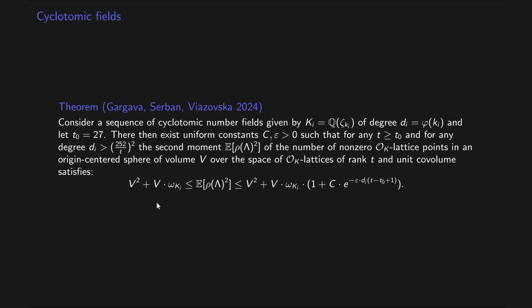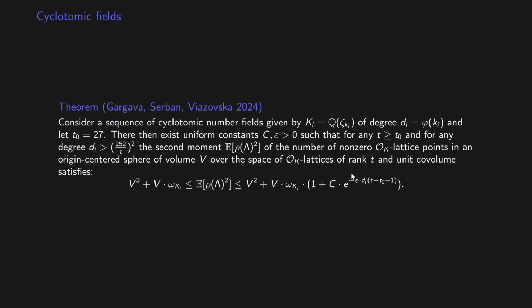So this is the second moment of the Poisson distribution, and on the other hand, it will be bounded by the same quantity plus this small correction term.